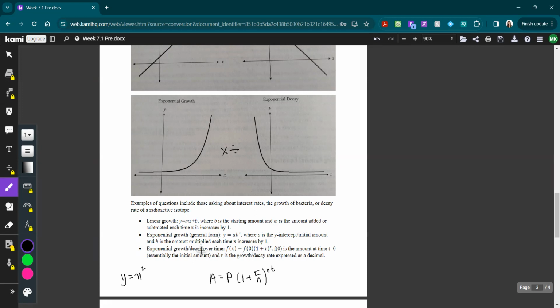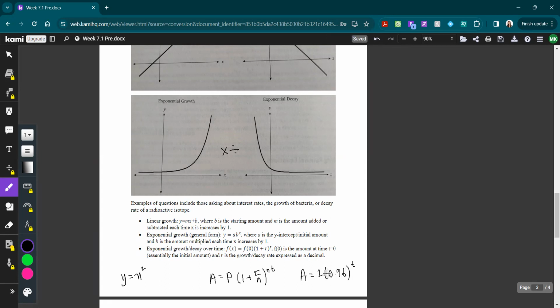R is your rate, so if it's growing, you add the rate. If it's decaying, you subtract the rate because it's supposed to get smaller. One thing to take note of if it's decaying: for example, A equals 0.96 to the power of T, maybe it's a bacteria population.